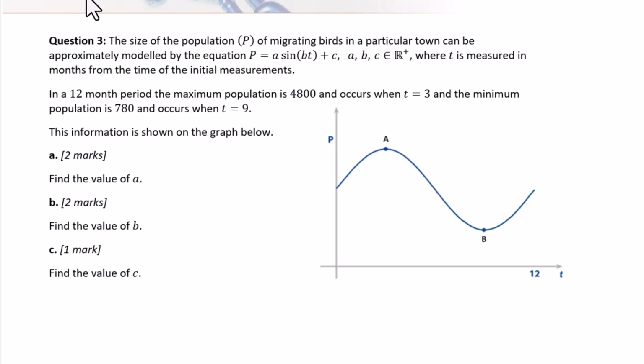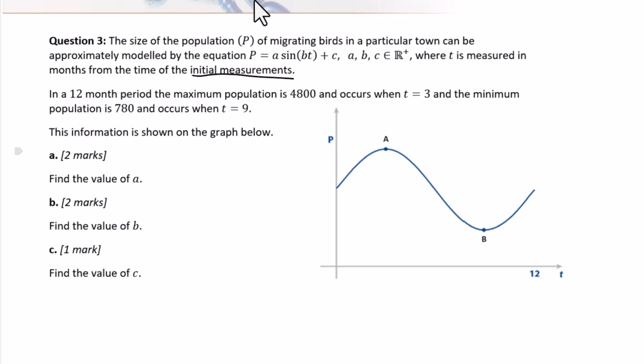Question 3. The size of a population of migrating birds in a particular town can be approximately modeled by the equation P equals A sin BT plus C. A, B, C are positive real numbers, where T is measured in months from the time of initial measurements.